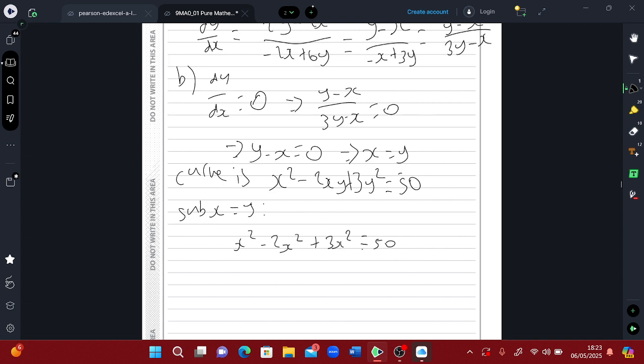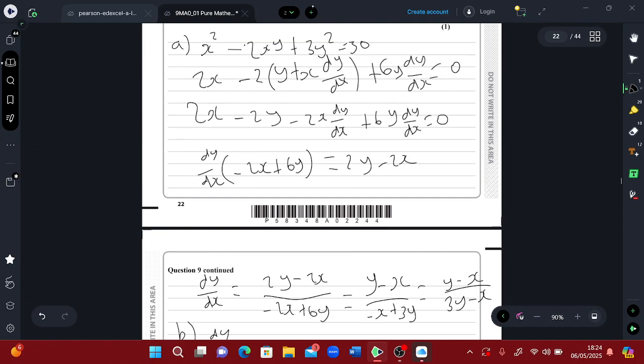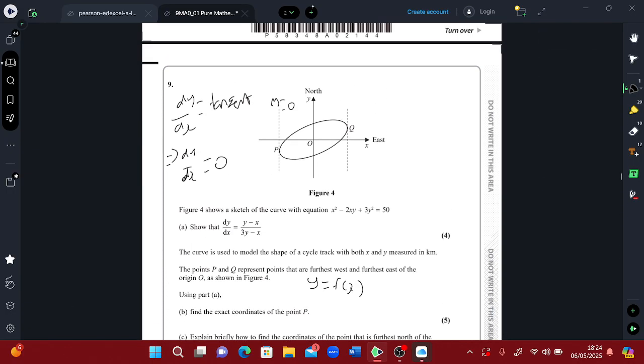Like terms: 1 minus 2 plus 3 is 2, so 2x squared is 50. Which means x squared has to be 25, which means x has to be plus or minus 5. So the x coordinate is positive 5 or minus 5. To work out which one, use the graph. We can clearly see P is on the negative x-axis, which means it has to be negative 5.